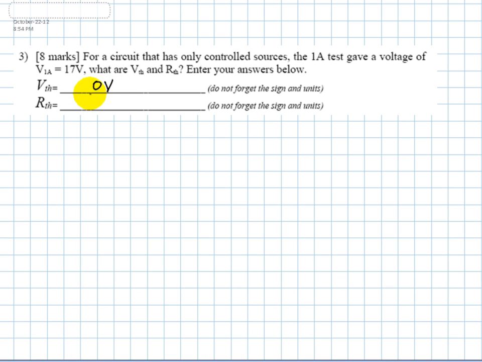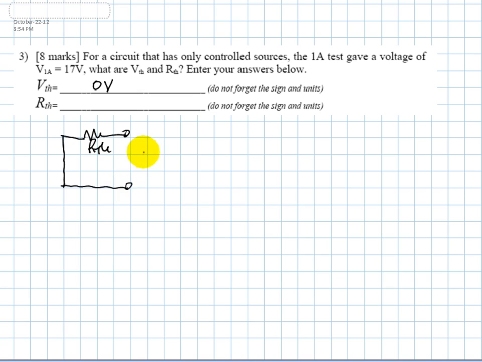I don't need to write 0.000. All right, 0 is okay. Now, what is RTH in this case? If VTH is 0, the situation is this. This is your RTH. You know directly that it is 17 ohms.